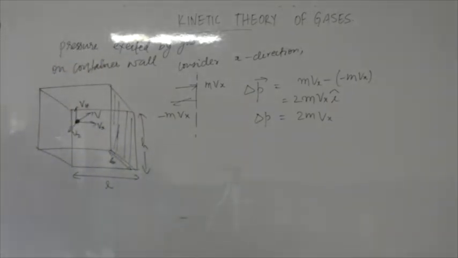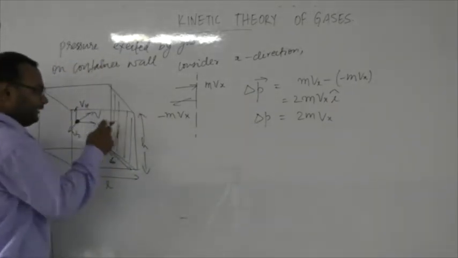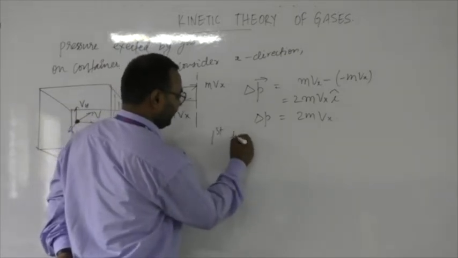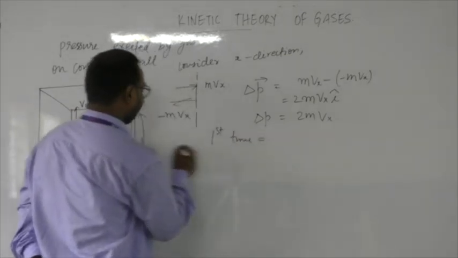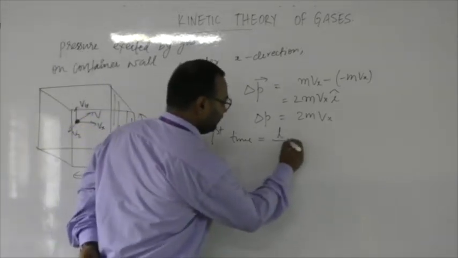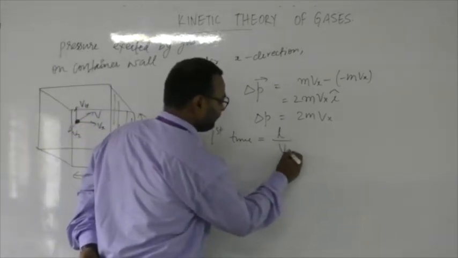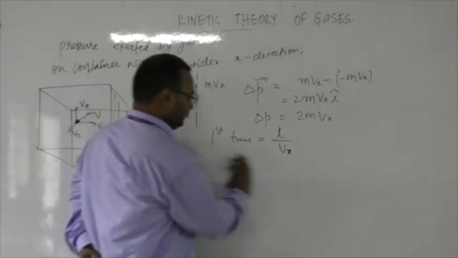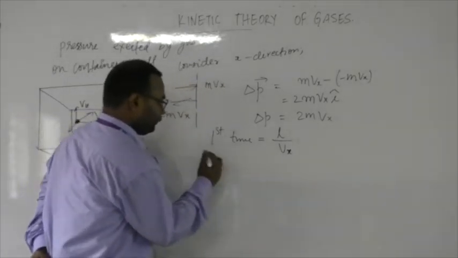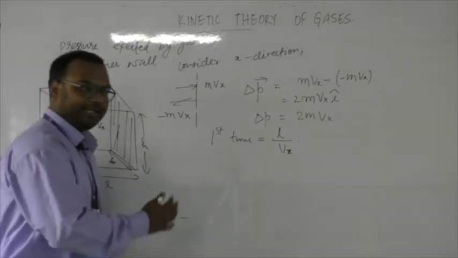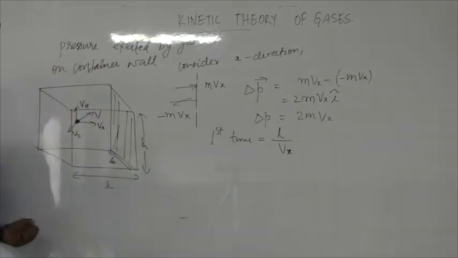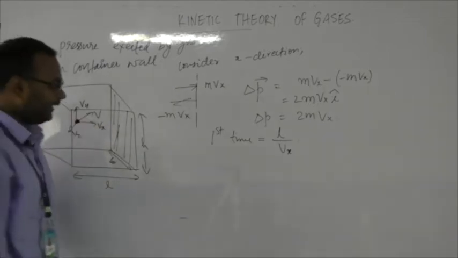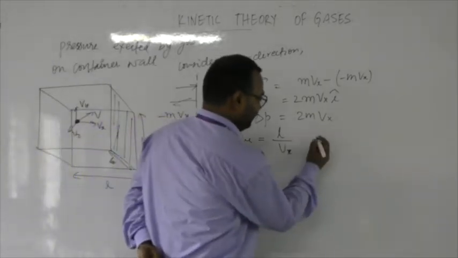Now, to strike that wall, first it will take time. The first time to strike that wall is L upon Vx. Second, to again strike that wall, it will take the same amount of time: coming back, striking L upon Vx, and coming back takes the same time.